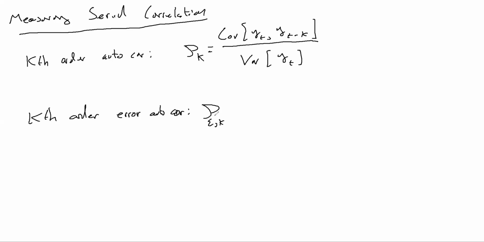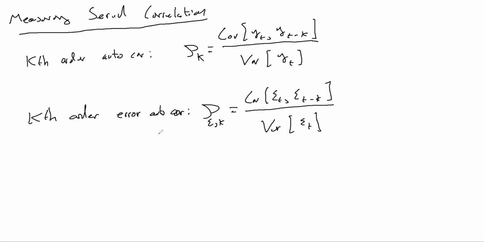So it's kth order error autocorrelation. And this is going to be equal to the covariance of error t with a lag of k. So the covariance between these two divided by the variance of error t.